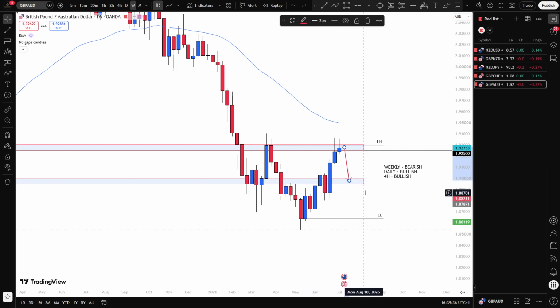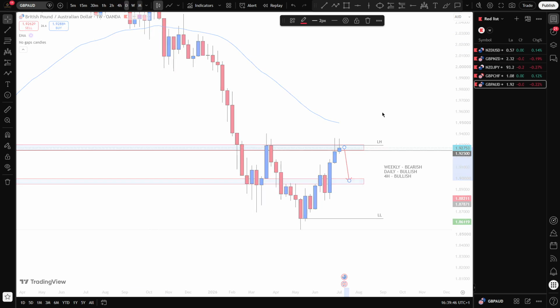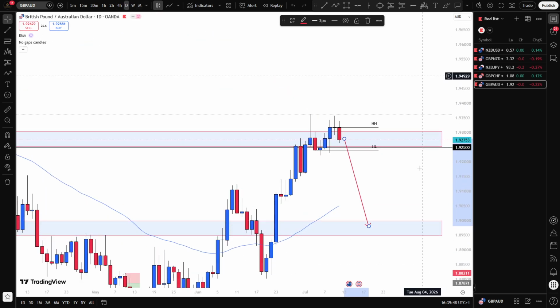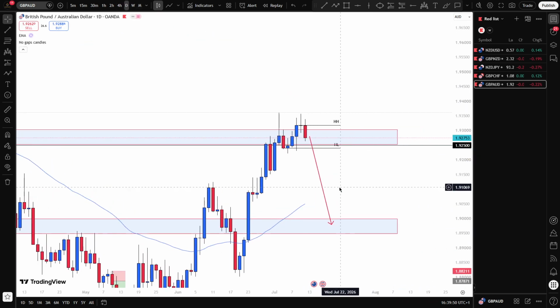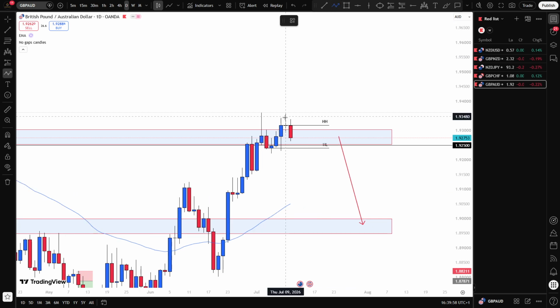If we have a ginormous candle that will break this place, it's win-win, less stress, less drawdown. But on the daily time frame, you see the daily time frame is bullish. So I'm anticipating for this to turn bearish within the week, something like this, it will break.